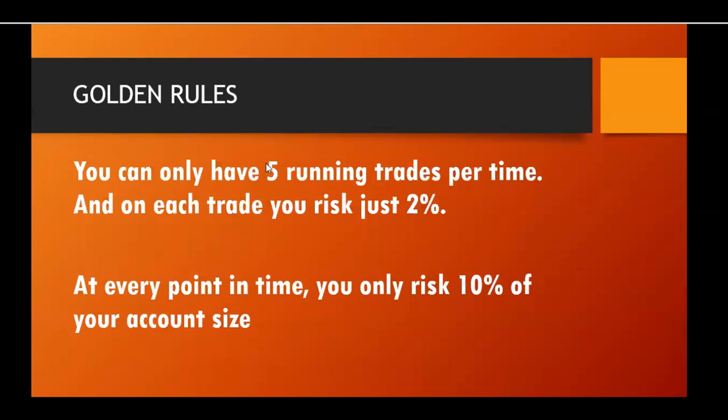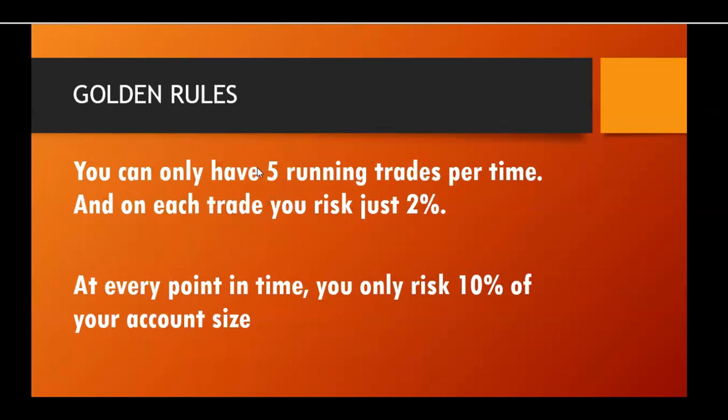It simply means that if I have 5 trades running, I have risked 10% overall, which in this case will be $500 that I'll be risking for the 5 positions that I have running. So at no point, before I consider entering another trade, must one of the trades not have hit my take profit or be at break even.